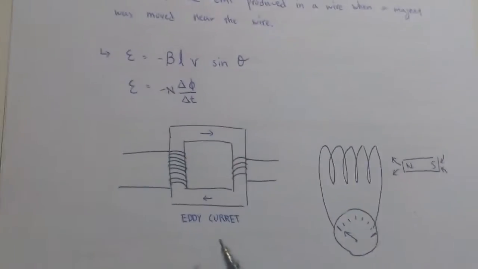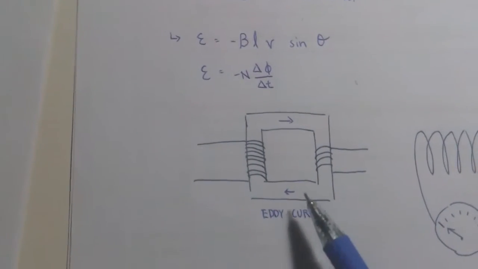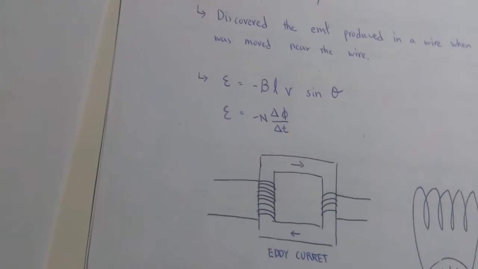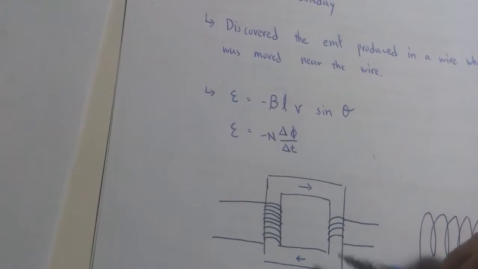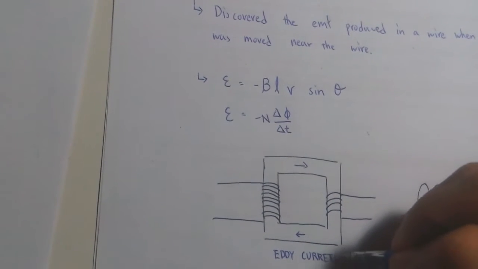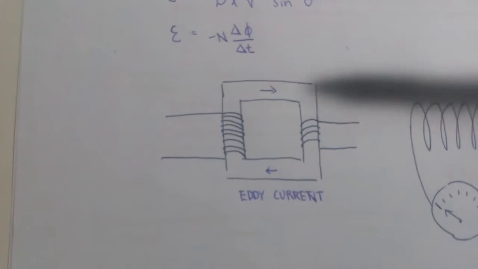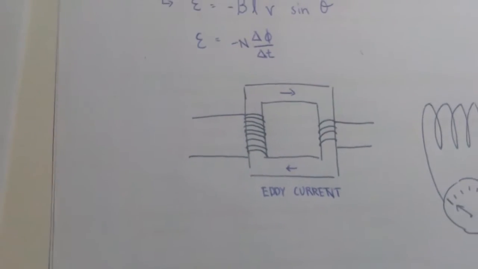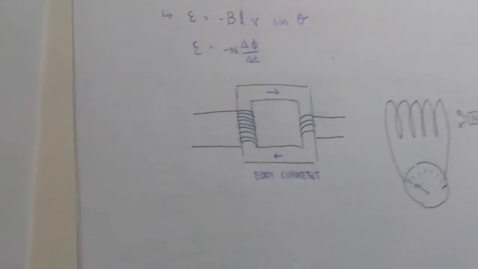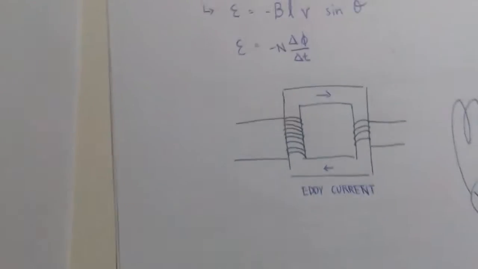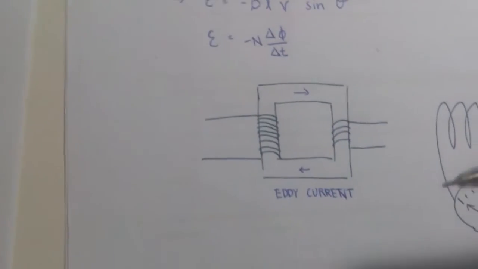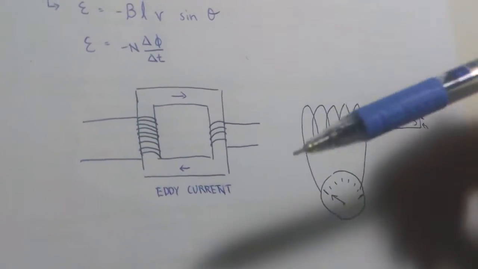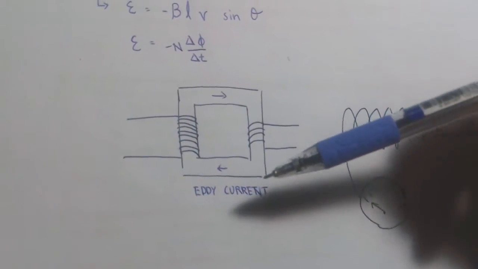In this case, we have the magnetic field, but we also have what's called eddy current, which is the term used to explain the current that opposes the magnetic flux, and that is where the power is dissipated by the transformer.